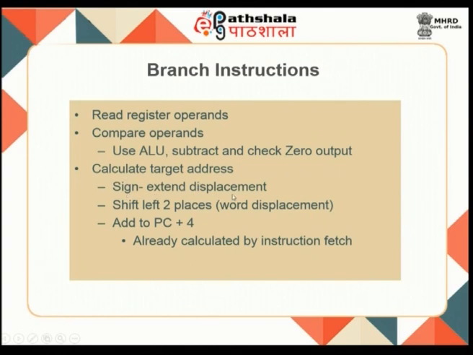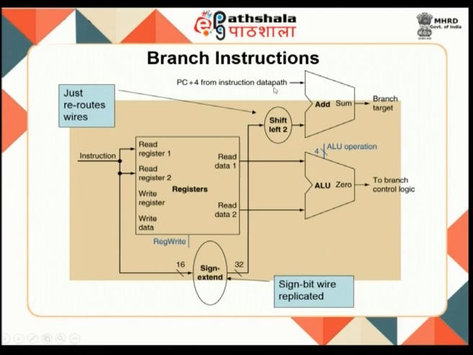The displacement which is given as the last 16 bits will have to be sign extended to form a 32-bit value, and then that will have to be shifted 2 places, because a word in the MIPS architecture is a 4-byte word, and in order to support the word alignment of the displacement, you will have to shift it left by 2 places and then add the PC plus 4 value. You have already incremented the PC to PC plus 4. To that PC plus 4, you add the relative address here, that will give you the new target address. So, this is the indication that is given for your branch instruction.